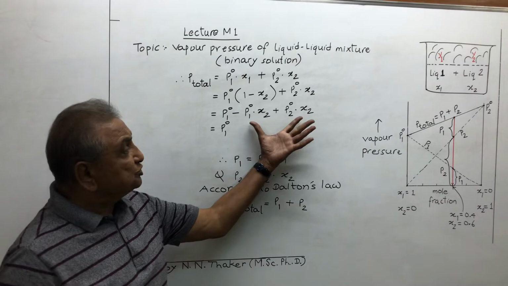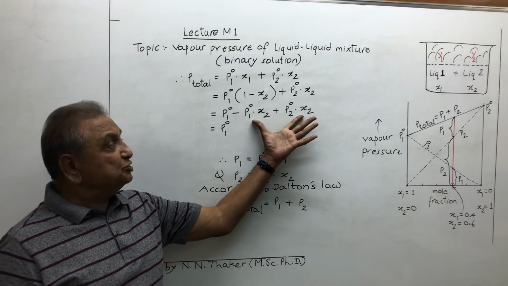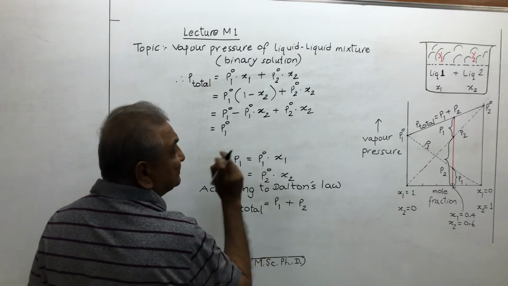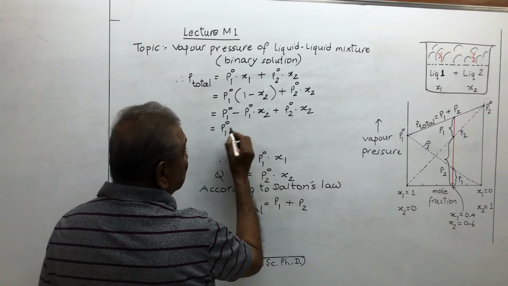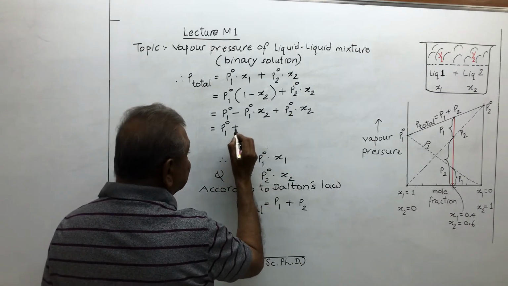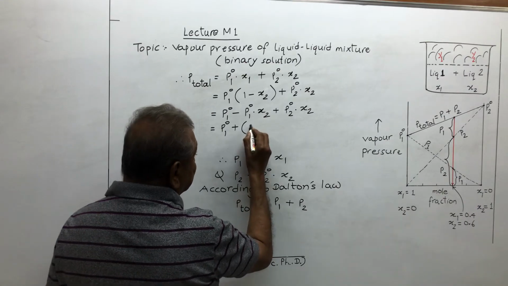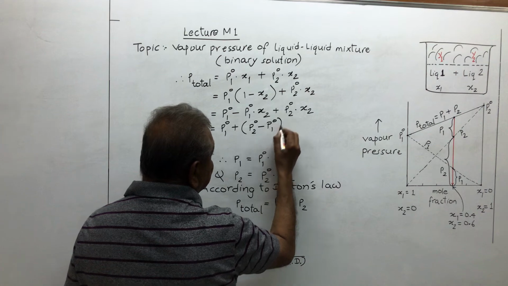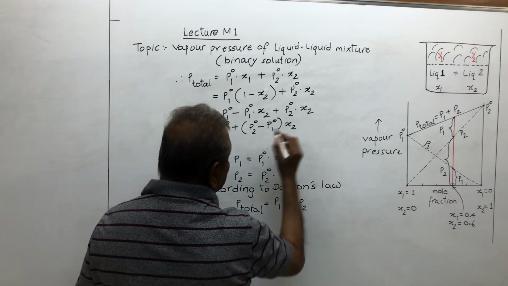Now out of these two, we will take out x2 common. I will write this term first, then this. So P10 plus (P20 minus P10) into x2.